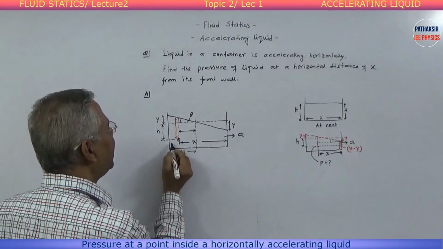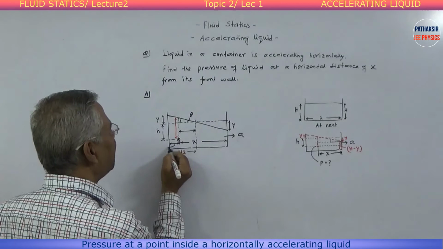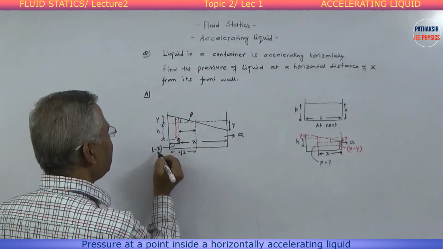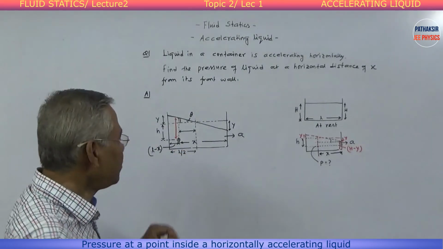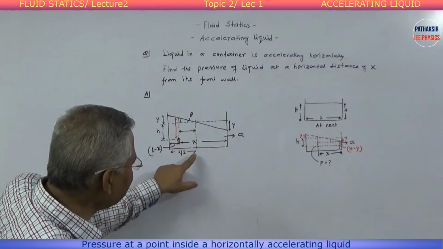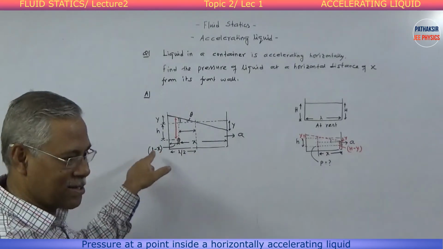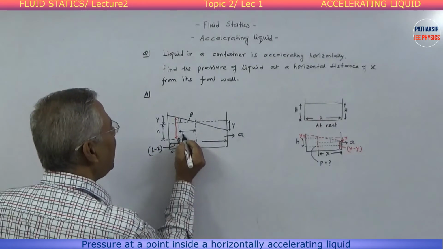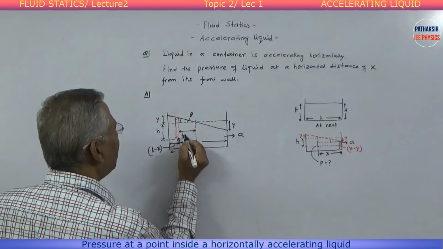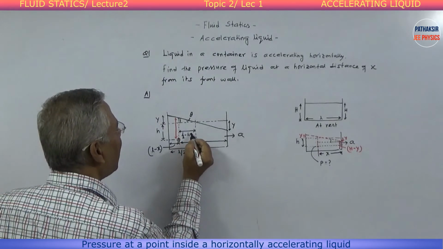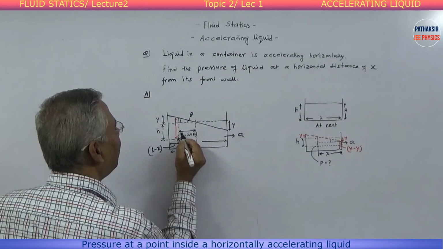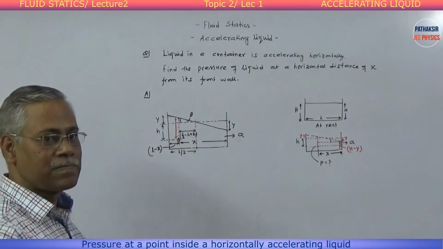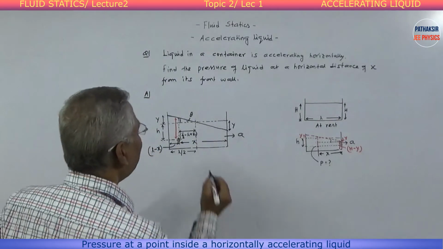This is L minus x. So this length is L by 2 minus (L minus x), so L by 2 minus L plus x. This is obviously L by 2.